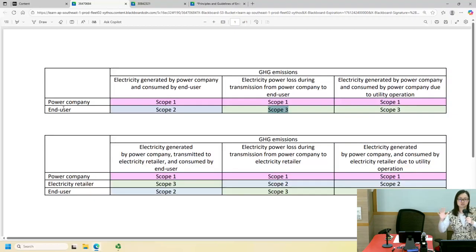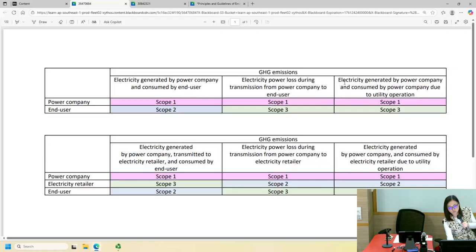These are not directly due to the activities of the company, but more indirect, so not energy consumption. You didn't consume this amount of electricity, right? These are all loss. So these are transmission loss, so under scope 3.